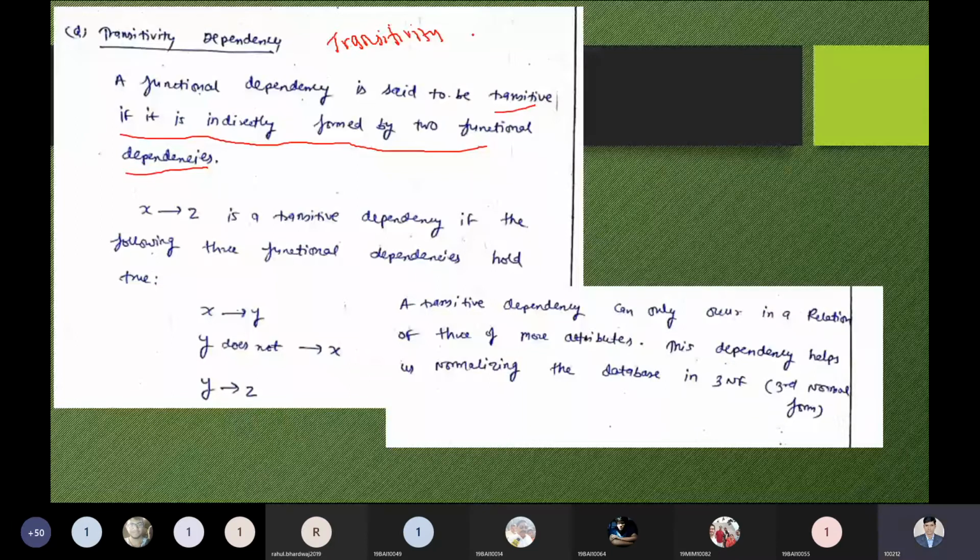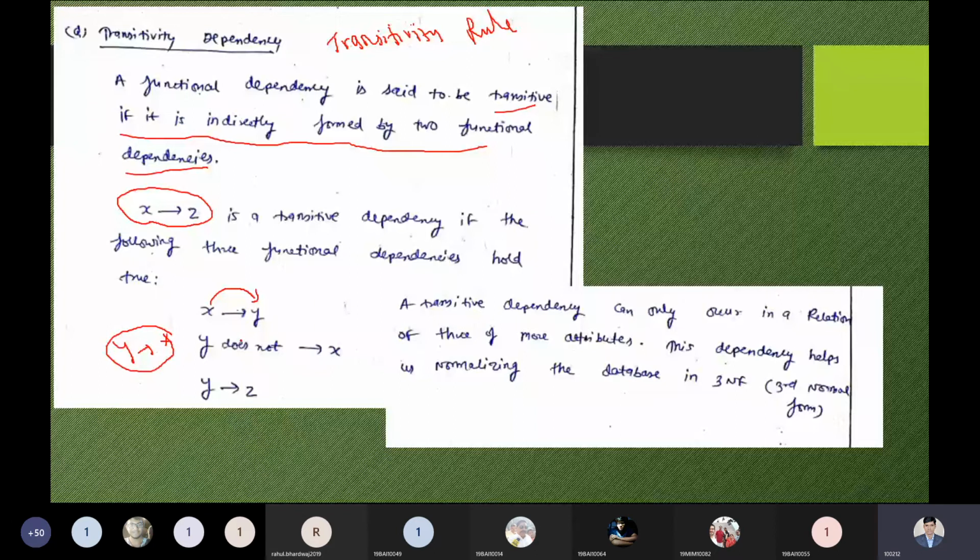So now you can say X determines Z is a transitive dependency, but the following dependencies must be covered. How are we determining? X determines Y, or Y depends on X, but the reverse is not possible, as I told you yesterday. That is not applicable over here.